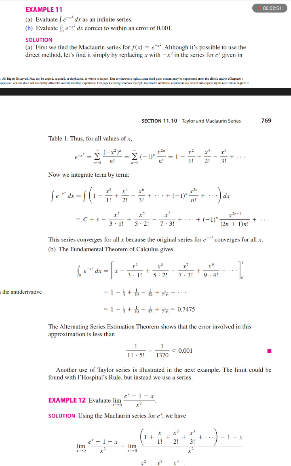The series converges for all x because the original series for e to the power negative x squared converges for all x.